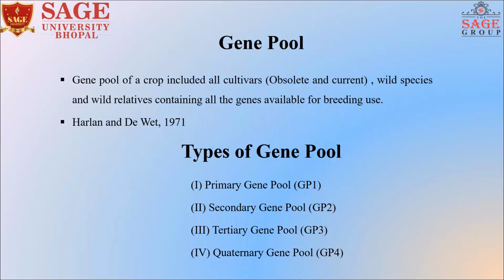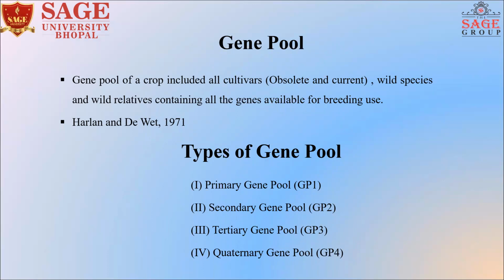Before going to the types of gene pool, we have to know what a gene pool is, or what it means. It is the set of all the genes or the genetic information in any population of a particular species.